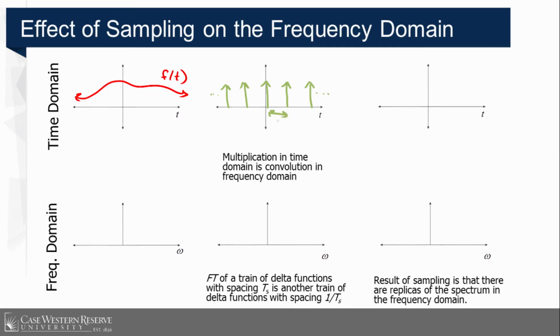And the interval between these points is TS. And again, mathematically, the process of sampling is just multiplying my continuous time signal, my train of delta functions, and the result is my sampled signal. So again, here's the envelope, and my signal is just sampled at these locations here.